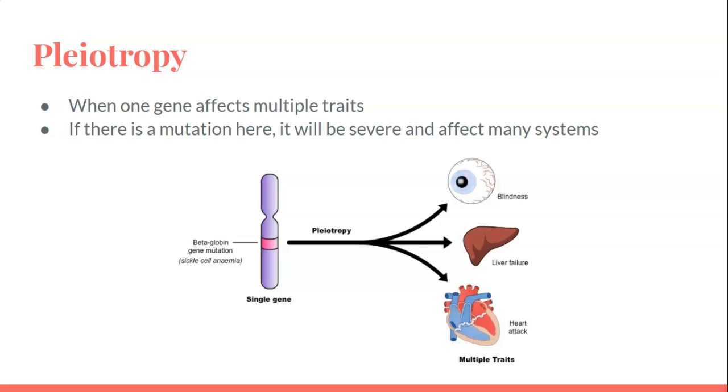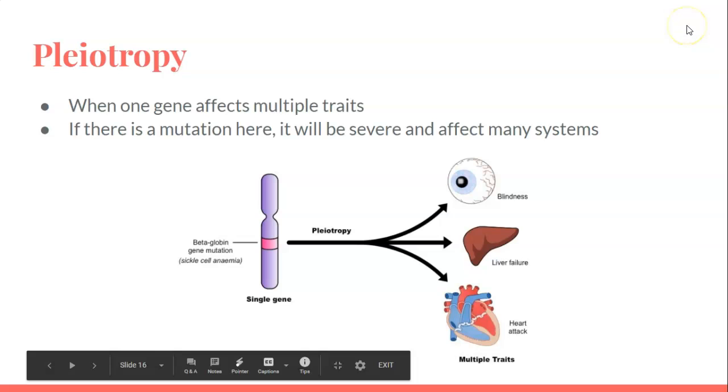Okay, pleiotropy is another version of inheritance. This is when one gene affects multiple traits. If there's a mutation in this gene, it's going to be really severe because it's going to affect more than one trait, right? For an example here, the beta globin gene mutation, which is for sickle cell anemia, affects all of this.